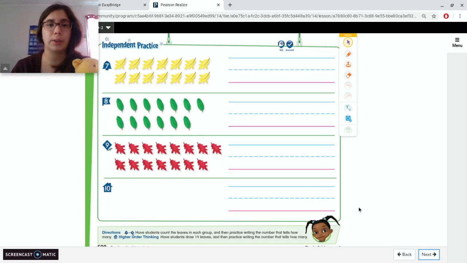Now that we know our numbers 13, 14, and 15, I want you to practice them by yourself. You're going to count by yourself, and Miss Lena is going to do the writing. Are you ready? Great. First, we need to count our yellow leaves that we see. I want you to start counting from 1 when I say go. Ready? Go.